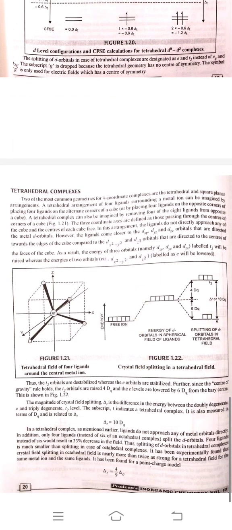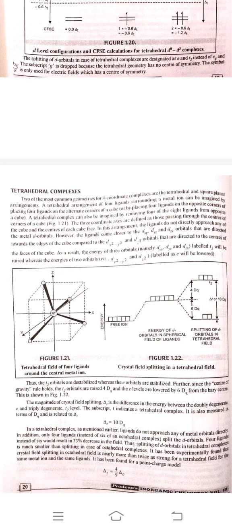Tetrahedral complexes. Two of the most common geometries for coordination number 4 are the tetrahedral and square planar arrangements. A tetrahedral arrangement of 4 ligands surrounding a metal ion can be imagined by placing 4 ligands on alternate corners of a cube.